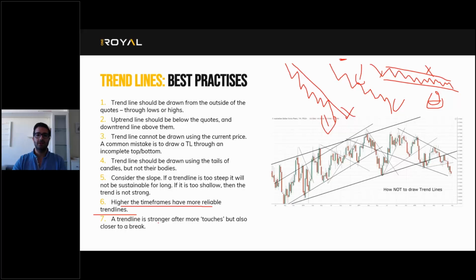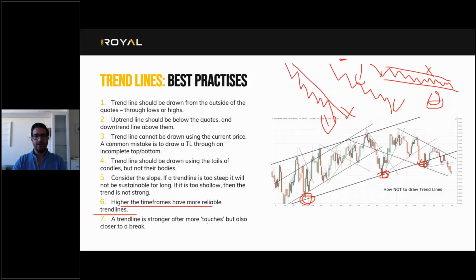A trend line is stronger after more touches. So the more touches we have, the better for a strong support or uptrend. We call it a support line or an uptrend. So the more touches we have, the better.